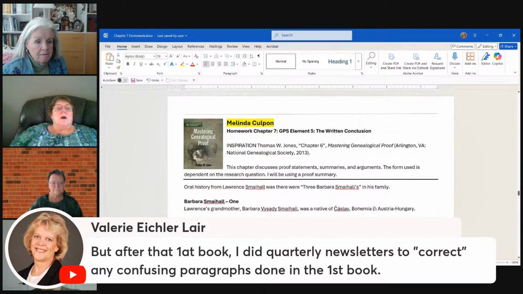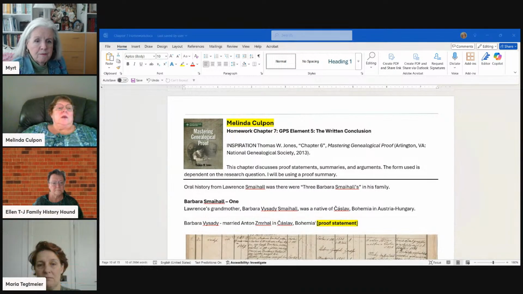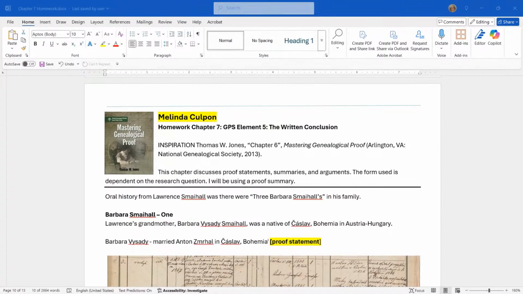Okay, Melinda, you're on the hot seat, kiddo. Okay. And I highlighted a few, just the names. I'm having a hard time seeing the actual work, but I can get that. Thank you. Okay.